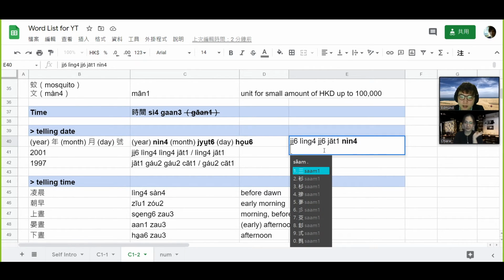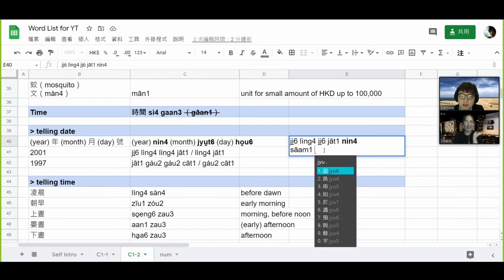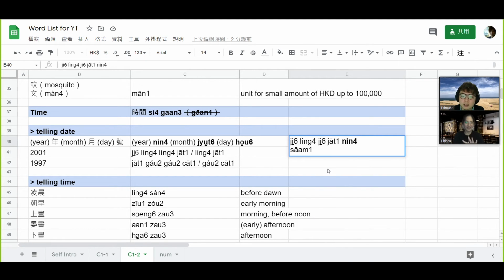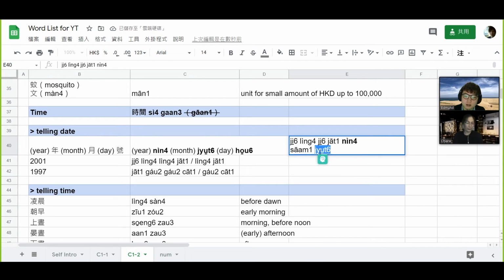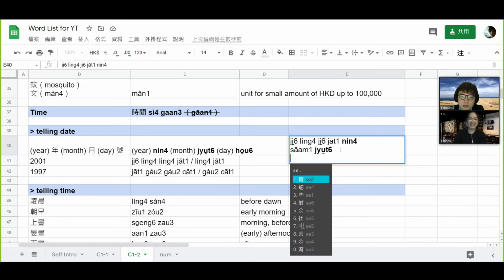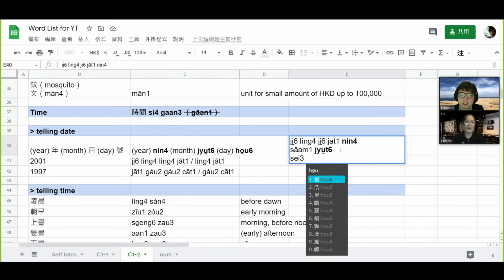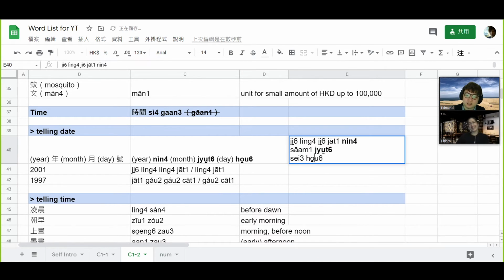Wow, this March already. 3月 and 4號. 3月4號. Perfect.